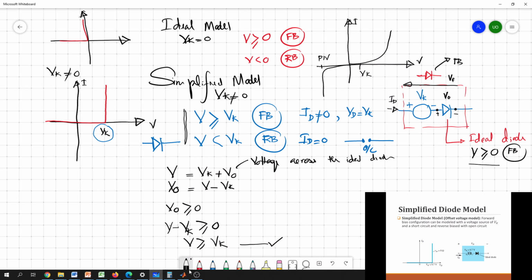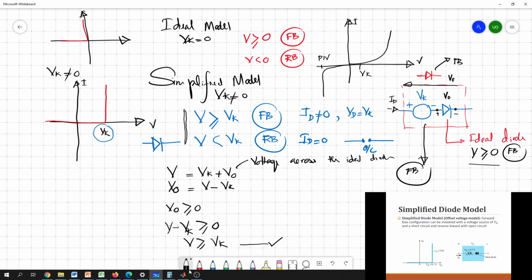If the diode is forward biased, you can replace the diode with a DC source, because we know that in the forward bias scenario this ideal diode becomes conductive, which means we can replace the ideal diode with a short circuit element.